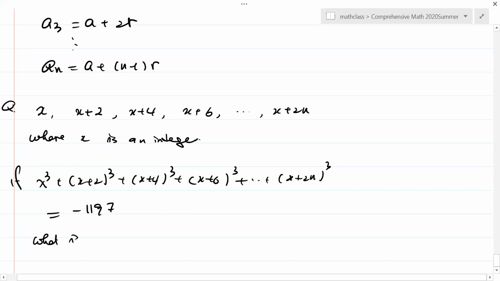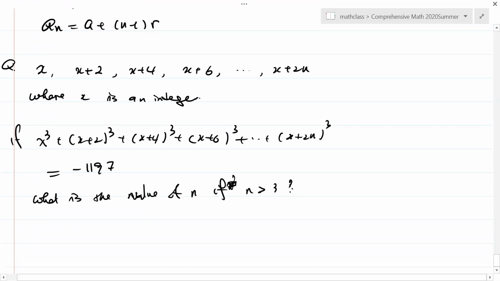So what is the value of n, if n is greater than 3? We must have at least 3 terms.